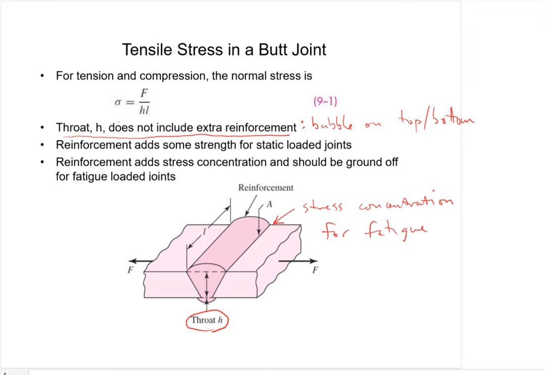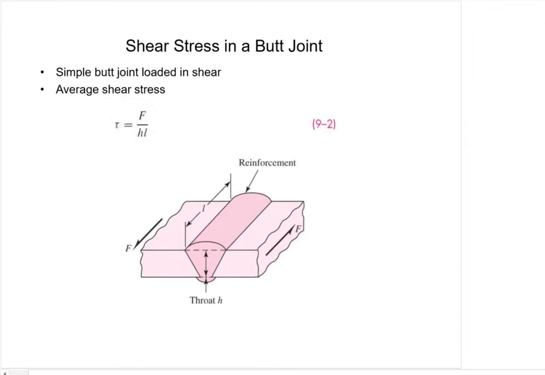But anyhow, here's the meat of it. This is a tension loaded butt joint, and the tensile stress, the normal tensile stress, is just the separating force divided by the throat height and the length of the weld. Pretty simple and straightforward.